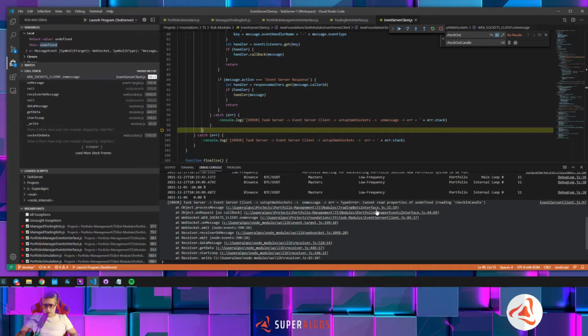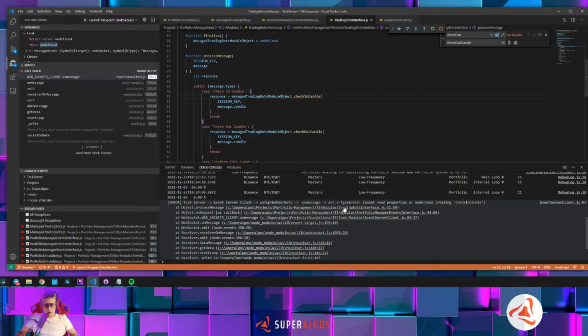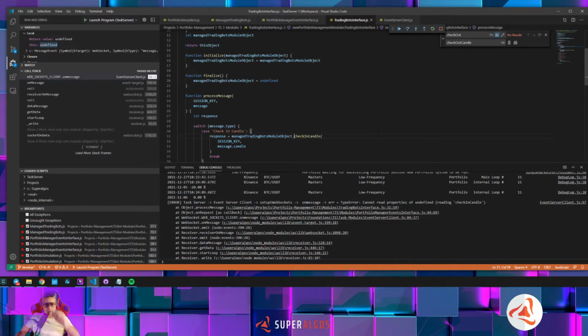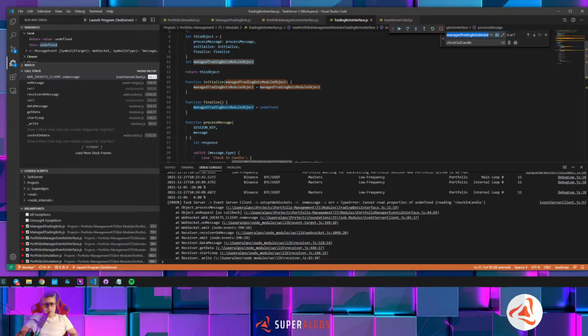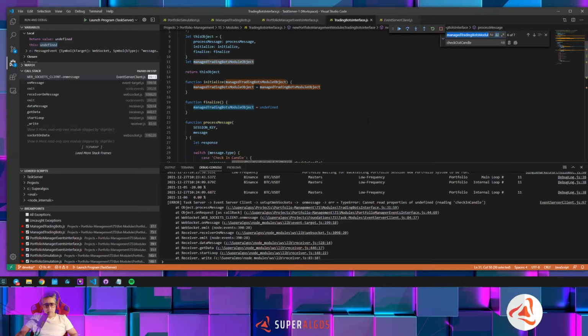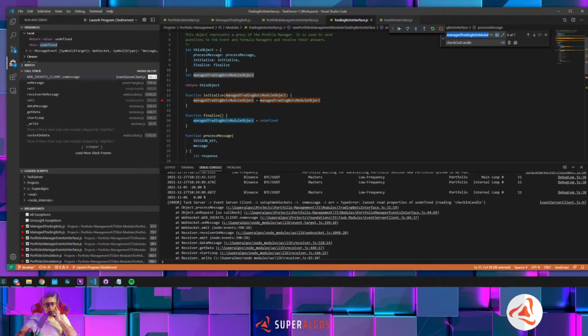Property and check-in. Okay, so this is undefined. Why? Maybe this initialize in this way didn't really work. Or maybe this was never initialized to begin with.